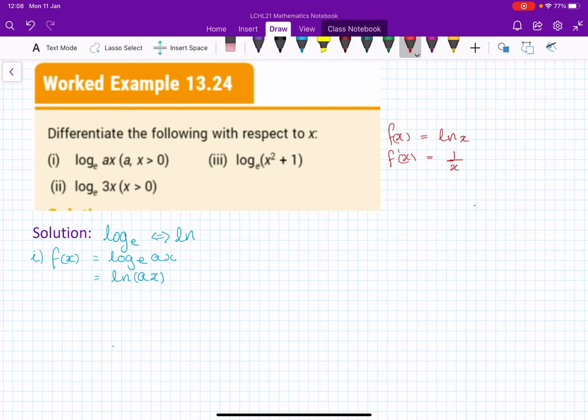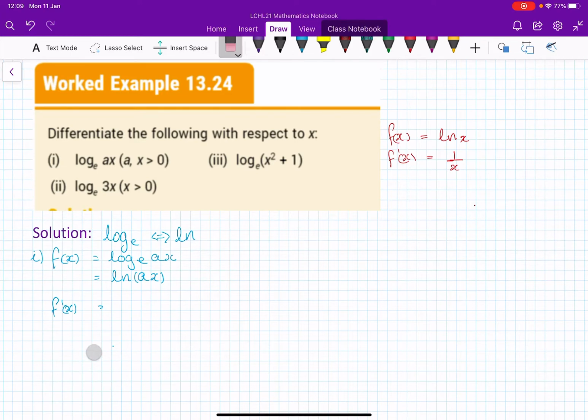So here we have two things we have to do. We have to differentiate the ln here, and then beside that we differentiate the ax. So what does that look like? Looking at the first one, our f prime of x. We differentiate our ln of ax.